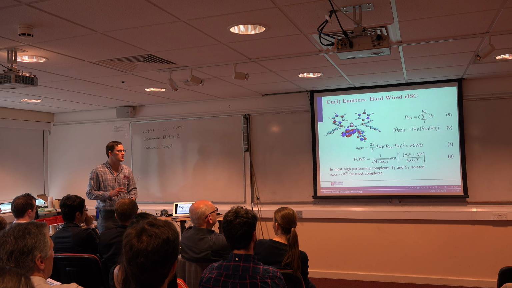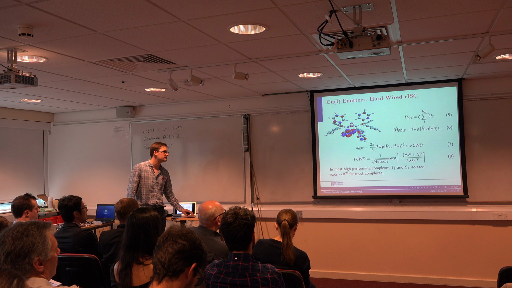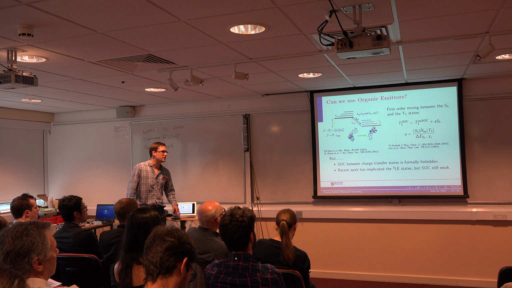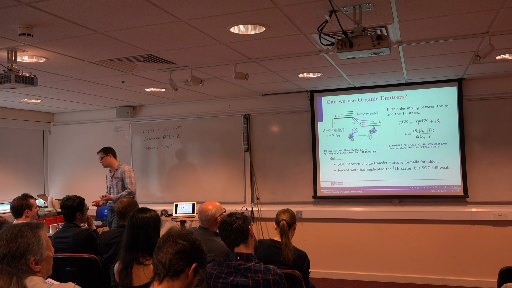For a range of systems that we've looked at, we found that the reverse intersystem crossing rate is pretty much hardwired by the spin-orbit coupling, with a little variation of gap. This is done with a classical Fermi golden rule, and you get about 10^5 s^-1. But pretty much whatever you do, it's hard to modify this in a very big way.